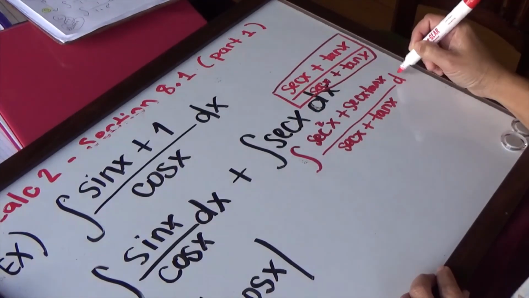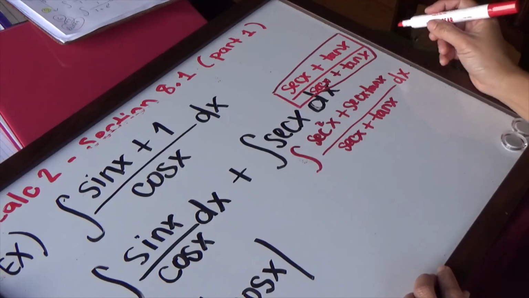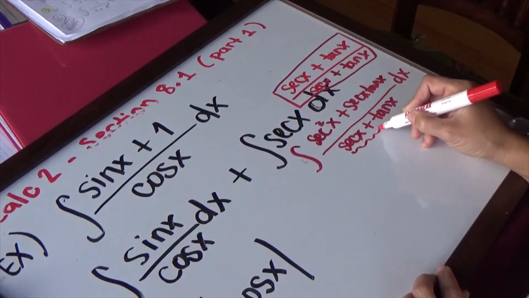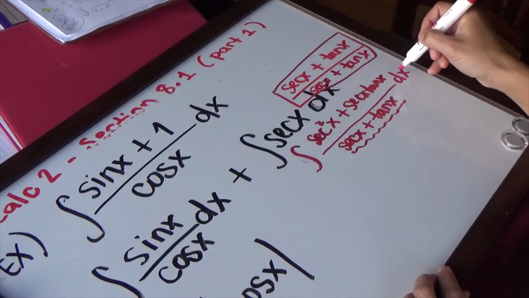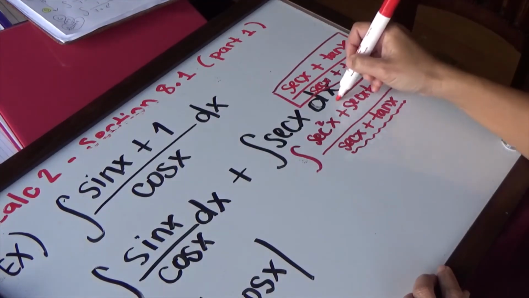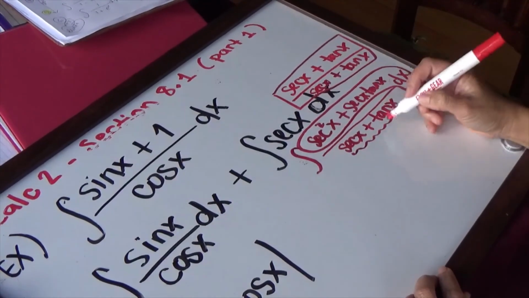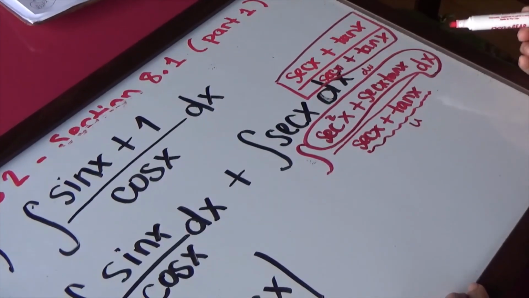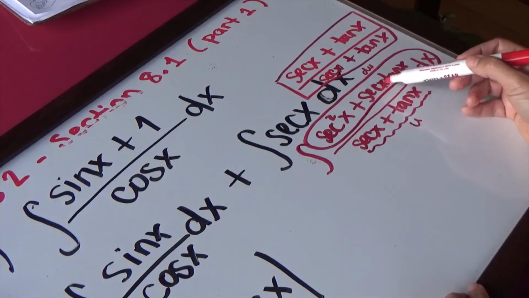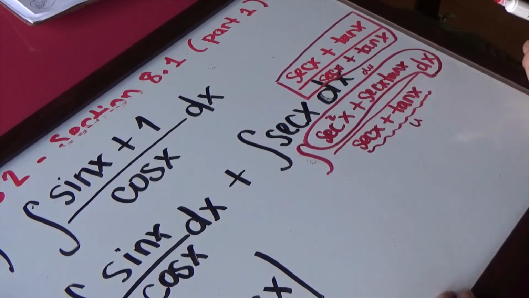x dx. Then again, this is another u substitution where this denominator is your u and the numerator right here is your du. This was your u, this is your du right here. Because the derivative of secant is secant tangent, derivative of tangent is secant squared. So that's your du.